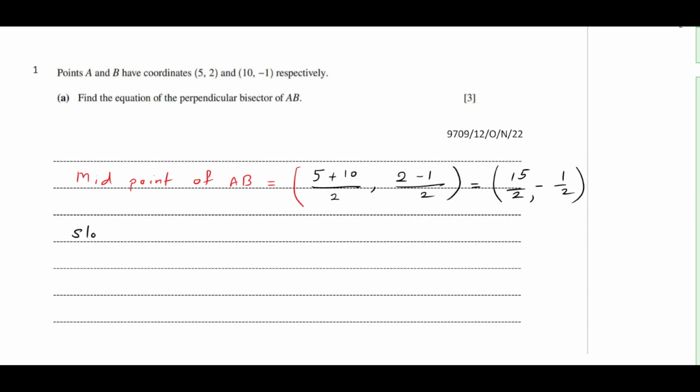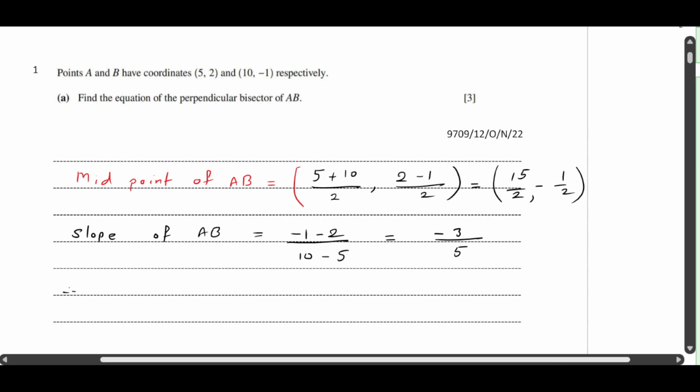Then the slope of AB. The slope of AB is (minus 1 minus 2) divided by (10 minus 5). The formula you use is y2 minus y1 upon x2 minus x1. So this gives you minus 3 divided by 5. Okay, the slope of AB we got. So therefore, the slope of the perpendicular to AB.